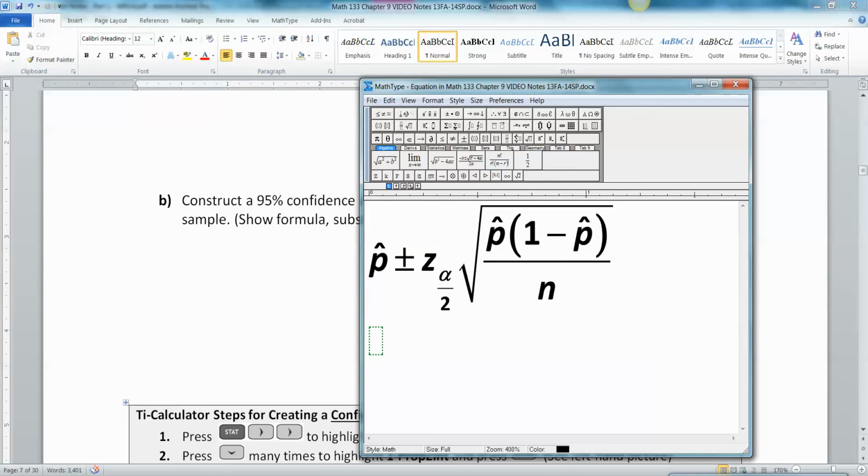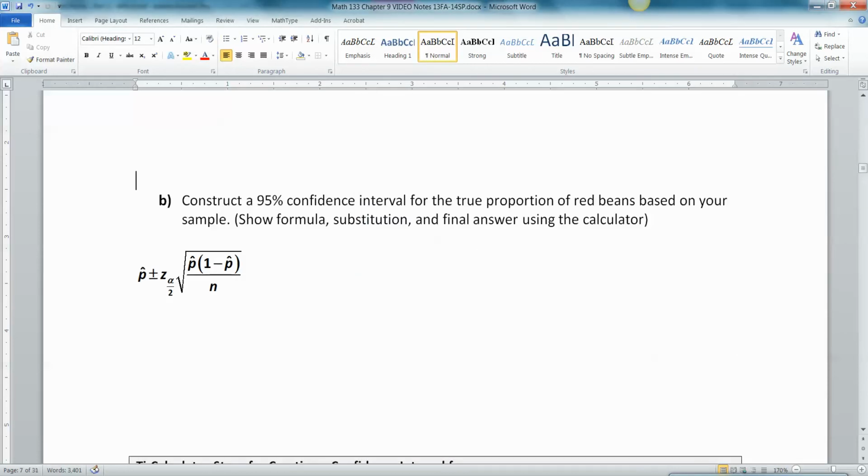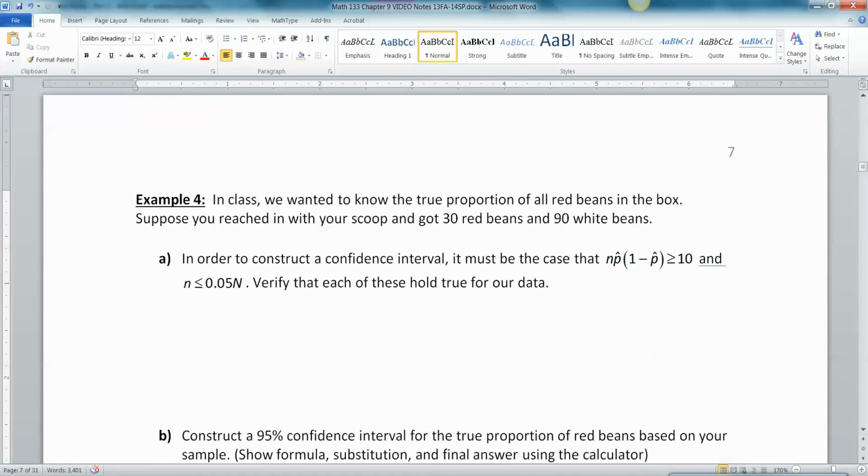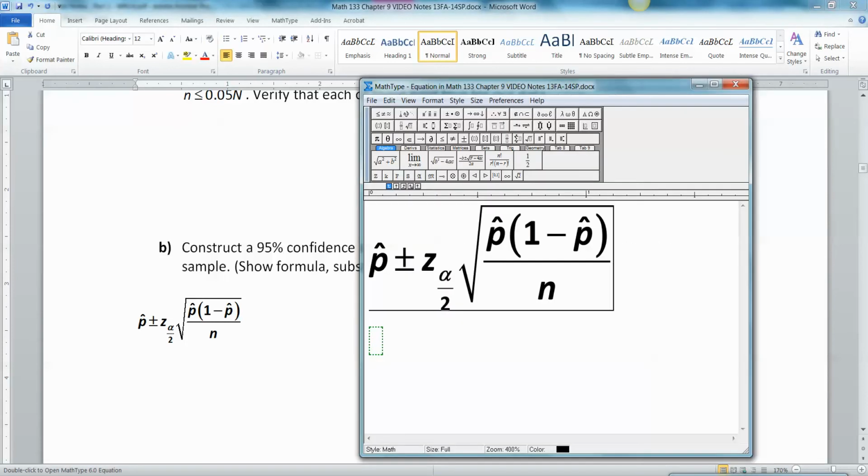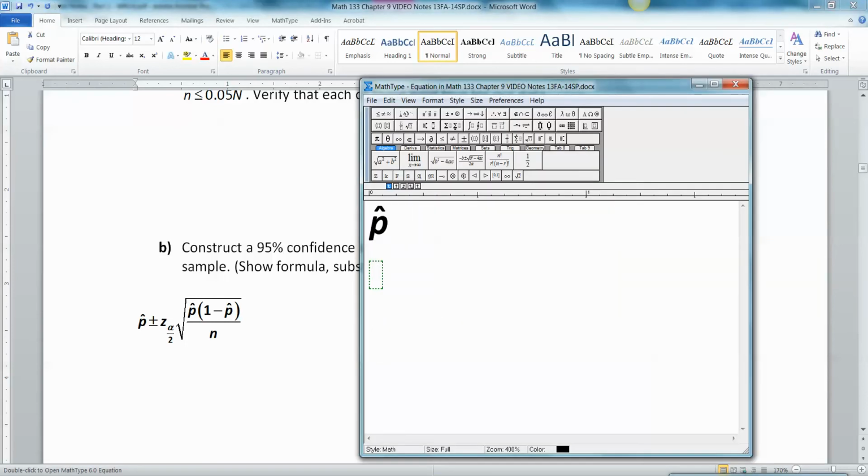Okay, so let's take a moment and remember what p hat is. So, note, p hat is equal to x over n, where x is the number that had what you wanted, your desired outcome, and n is the total.